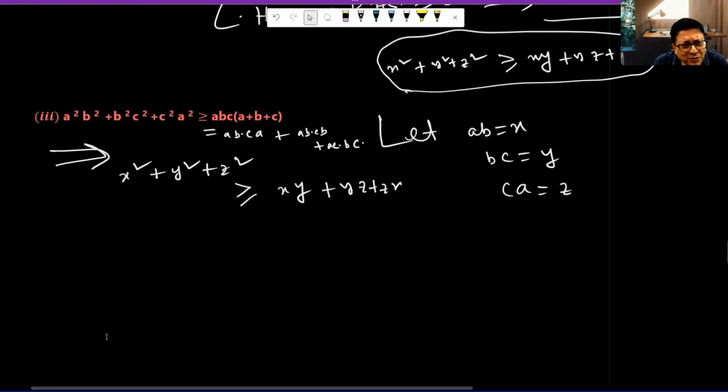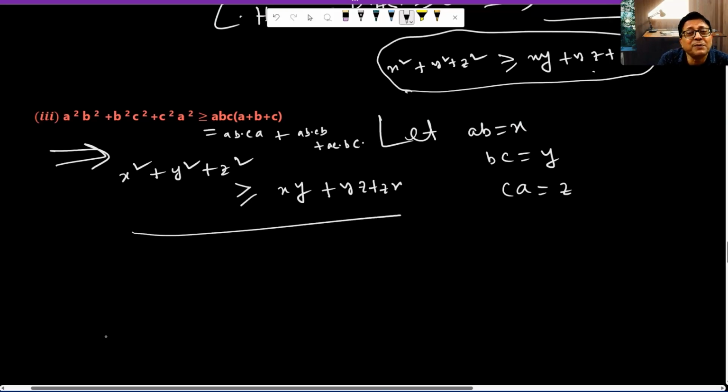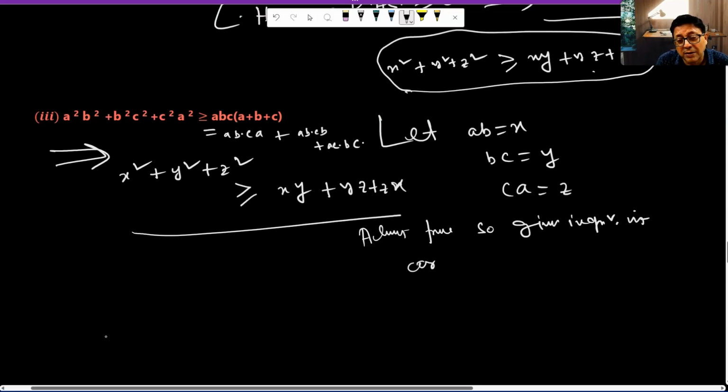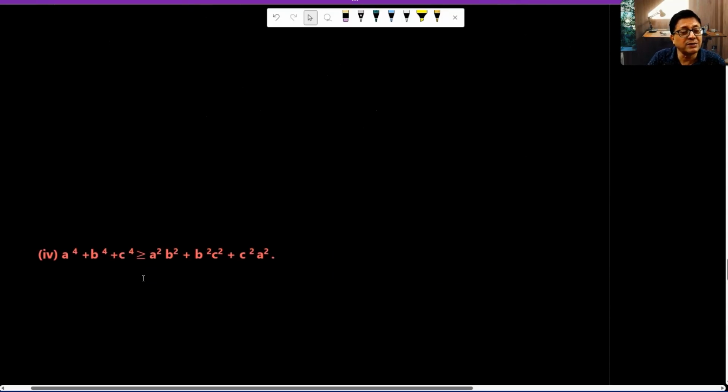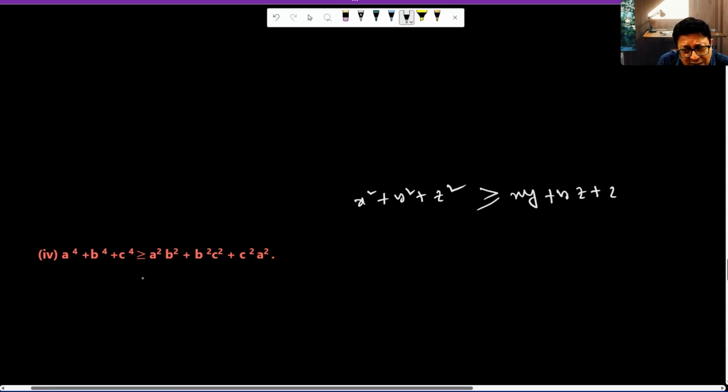Isn't it? You are going to prove this, but we have already proved it in the previous sum. This is always true. So, the given inequation is correct. Clear? Let's go for the next one. A4 plus B4 plus, very similar. Because we have proved that for any three real numbers, x square plus y square plus z square is greater than or equal to xy, yz, zx.